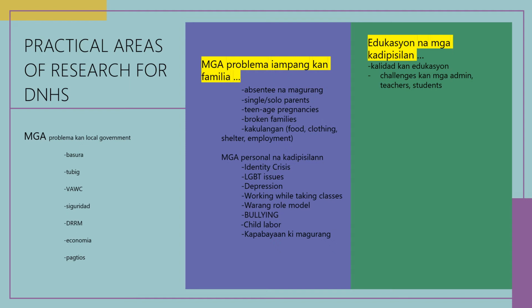Mga suggestions ko po, mga problema kang local government, which include basura, tubig, bausi, seguridad, DRRM, ekonomiya, pagtios. Okay? Kung ilingon ta sa pandemya, sa mga konsekwensya kang lockdowns, kan kadipisilan kang tao.